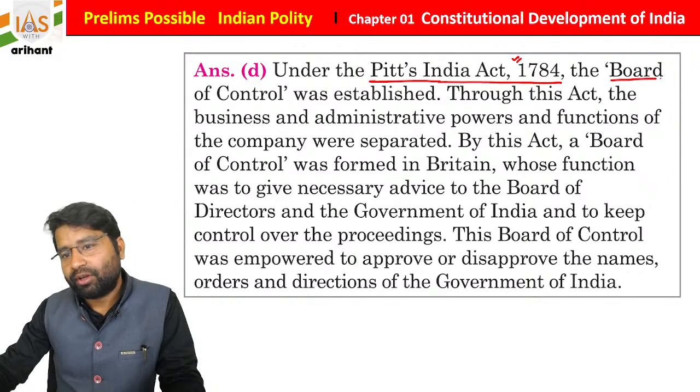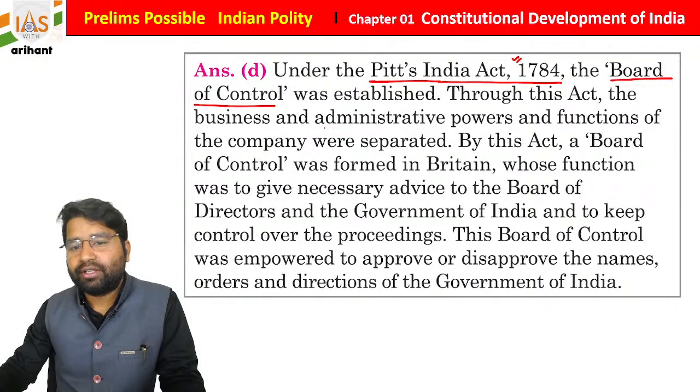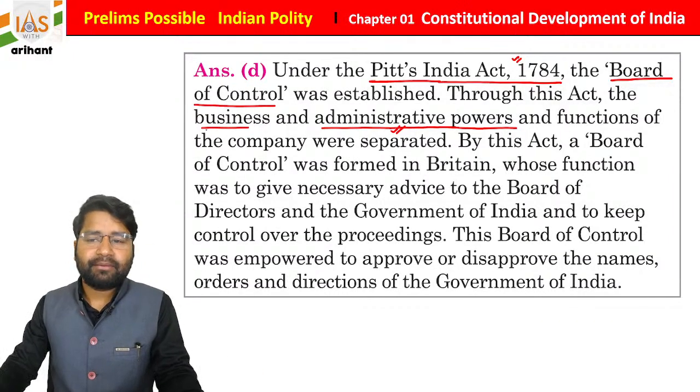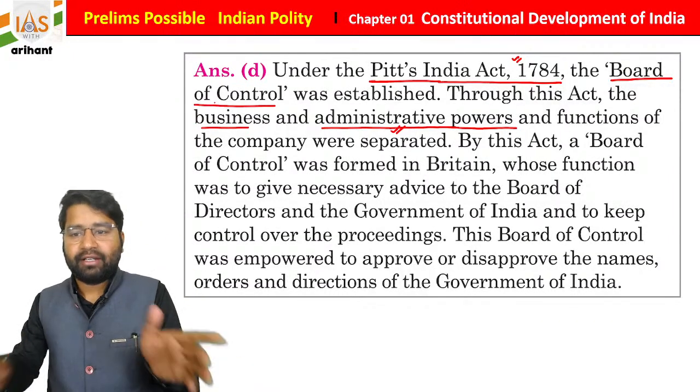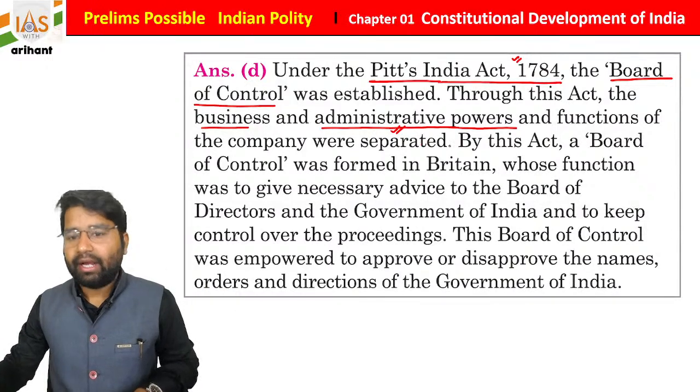Okay, Board of Control, and you know, basically what are they going to do? They are going to create administrative power. Okay, so business is going to be taken care of by the Board of Directors, and administrative function is going to be controlled by the Board of Control, and it was formed in Britain.